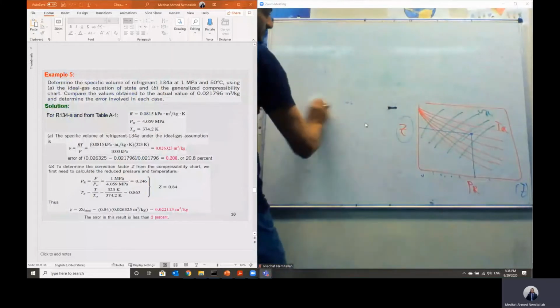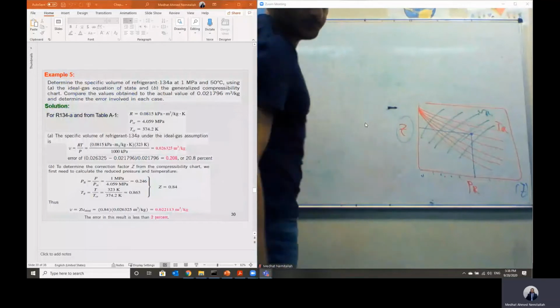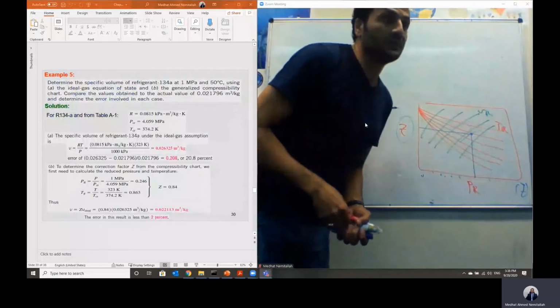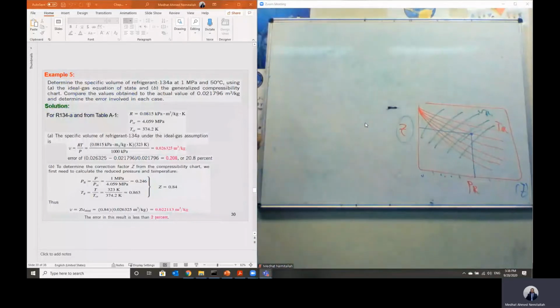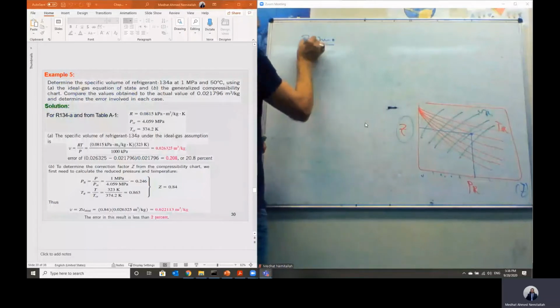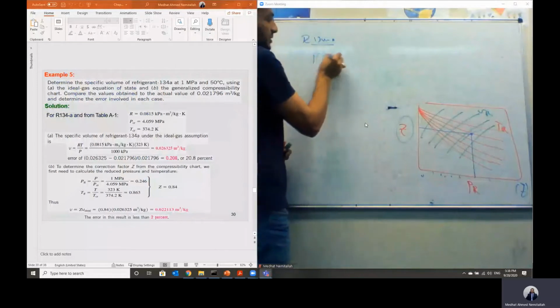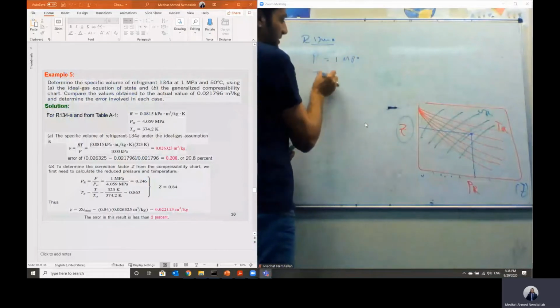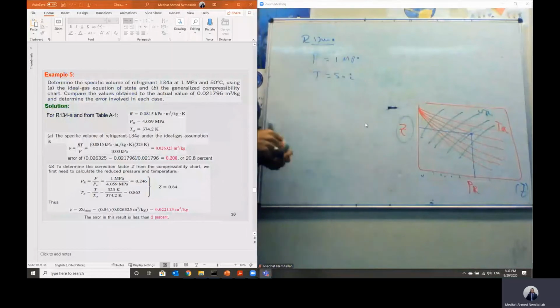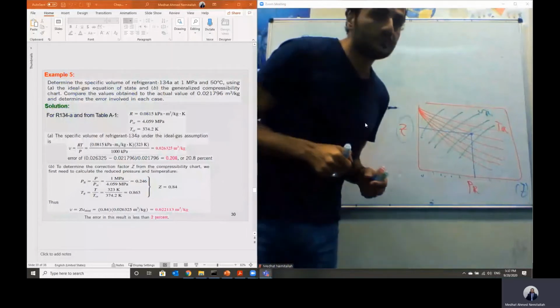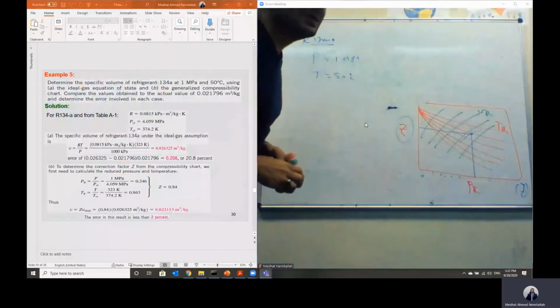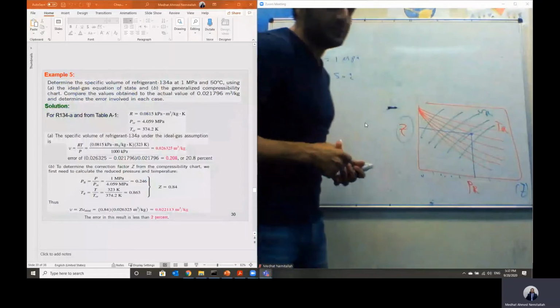In this example, we need to determine the specific volume of refrigerant 134A. This refrigerant is at a pressure equal to 1 megapascal and a temperature equal to 50 degrees C.